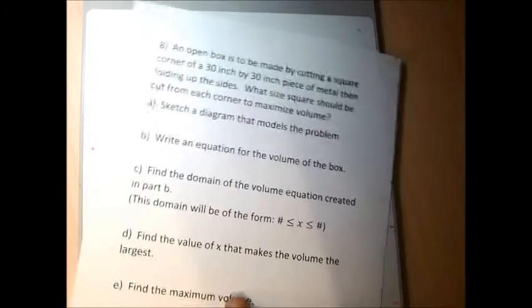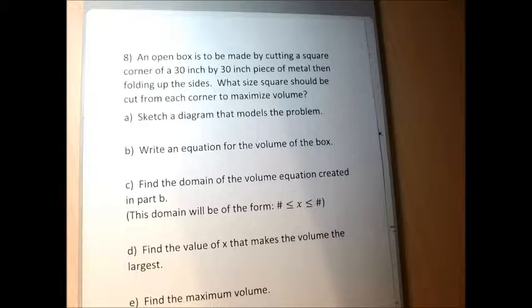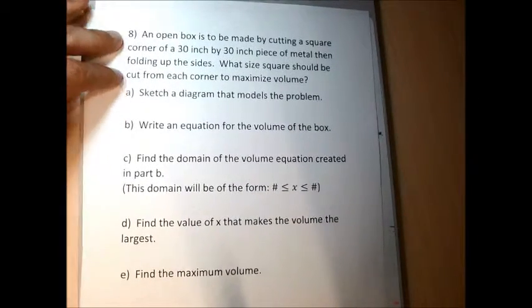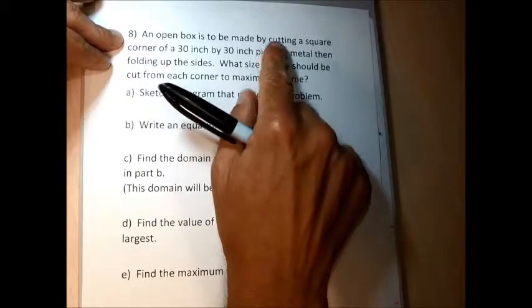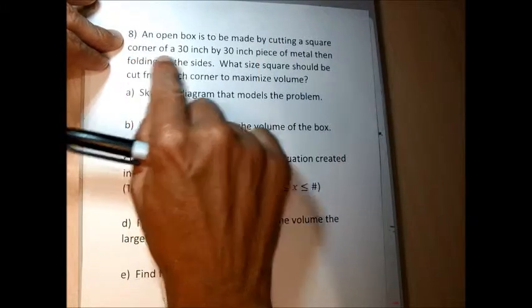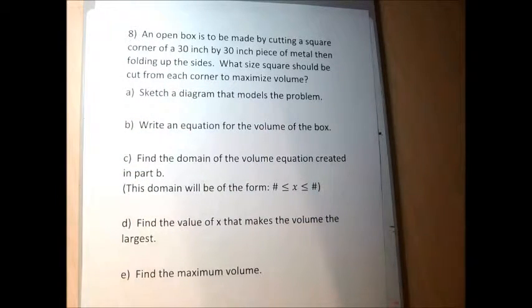So problem 8, again, it's the same problem worded maybe how you might see it worded more if I wasn't trying to walk you through the problem so nicely when I word the problems. So an open box is to be made by cutting a square corner out of a 30 by 30 inch sheet of metal as opposed to cardboard.